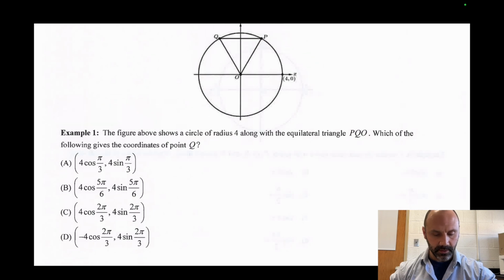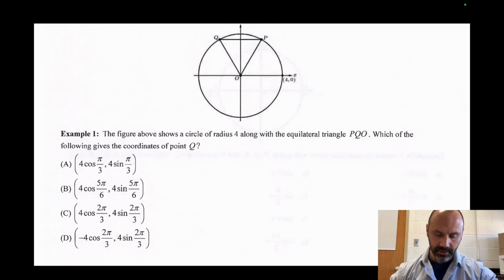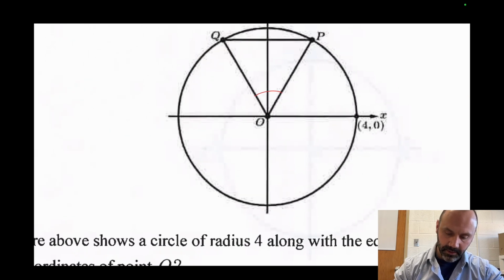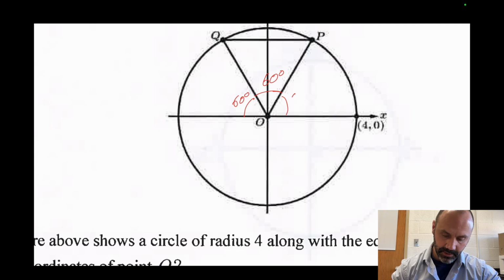So the figure above shows a circle of radius 4 along with an equilateral triangle. It says, which of the following gives the coordinates of point Q? Well, if this is an equilateral triangle, think about that for a minute. That means that this angle here is 60 degrees, and this would also be 60, and this is also going to be 60 here.